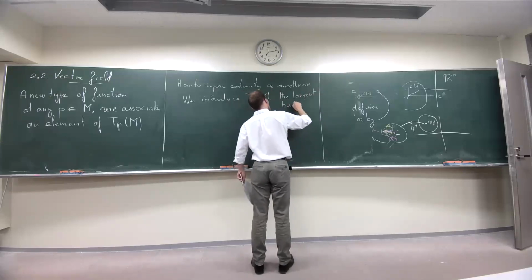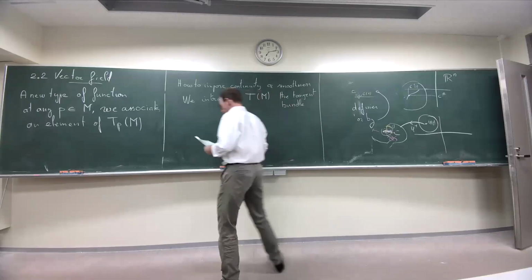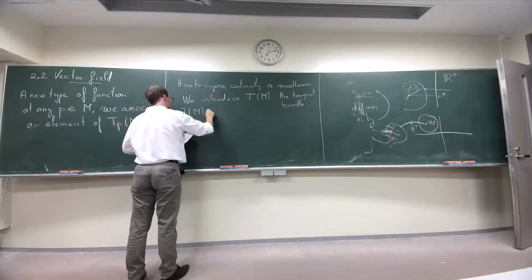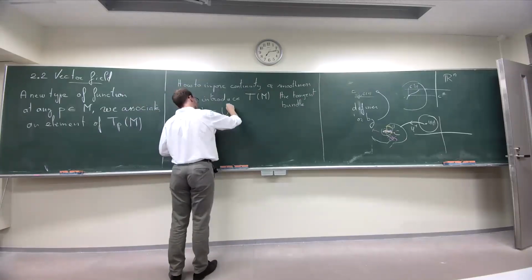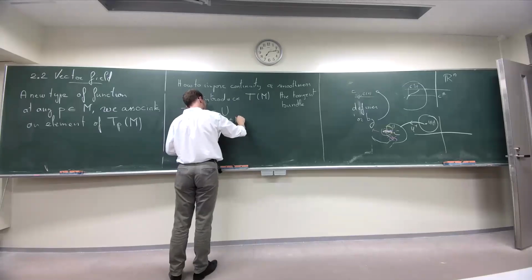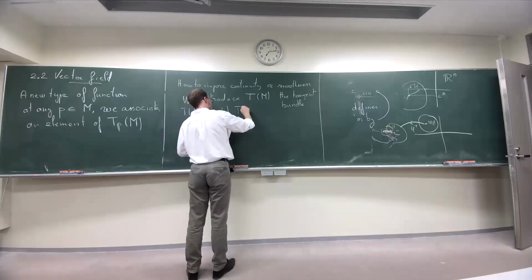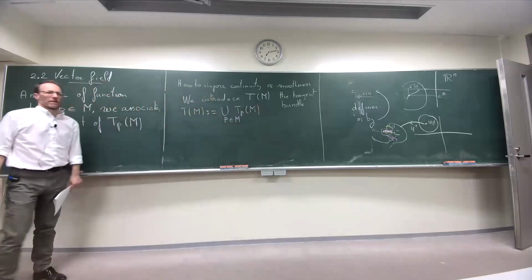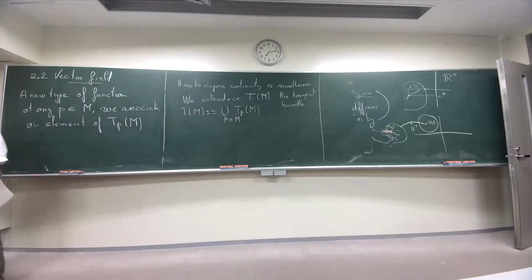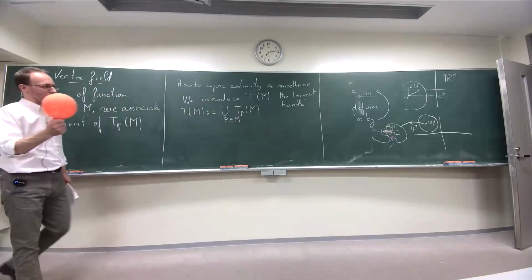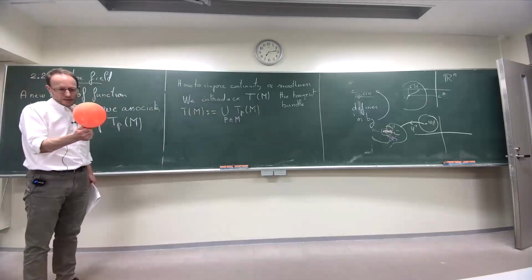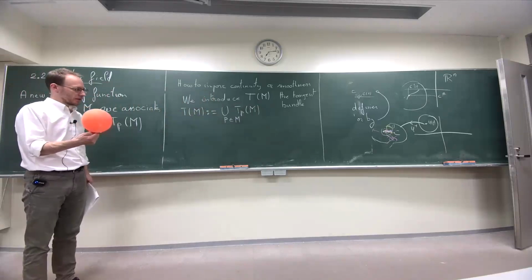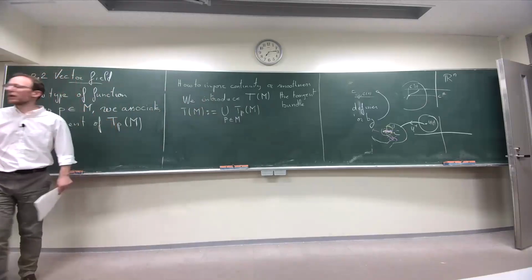T of M is given by just the union over P of Tp of M. This is not an easy object. Think about it. You take all planes which are tangent to the surface, and you take their union. It's not something so simple.